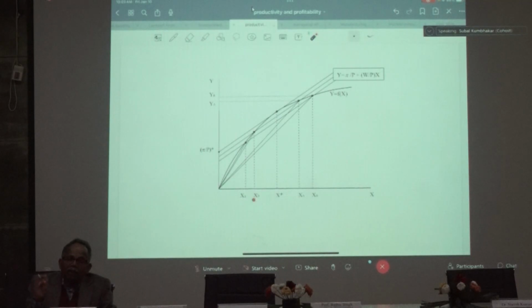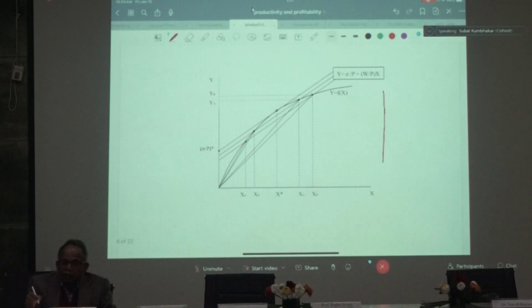So for a concave production function, average productivity is going to be decreasing all through. If you put average product here and X there, it is going to be falling. The productivity is falling as X increases, and that is coming from the concave shape of the production function.